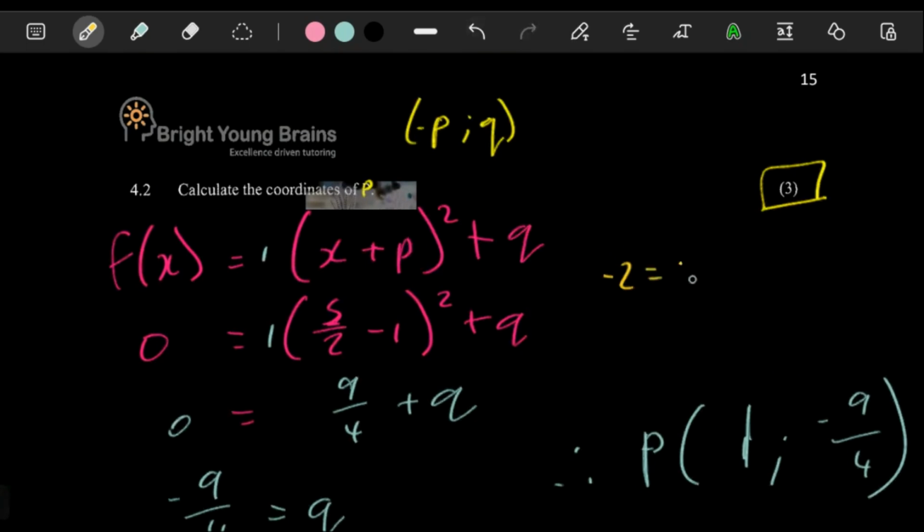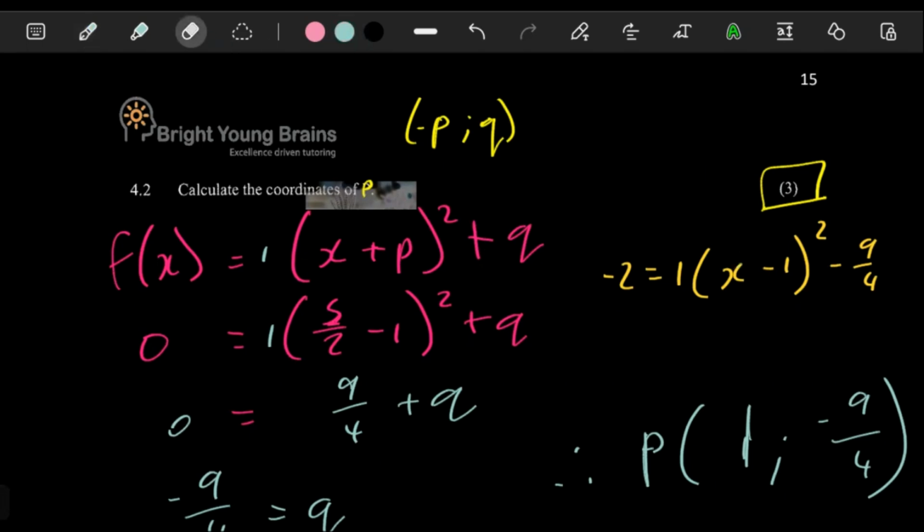So it's 1 here, x minus 1 squared, and then this is -9/4. This goes over, so it's -2 plus 9/4. We have to see if x is a 0 here.